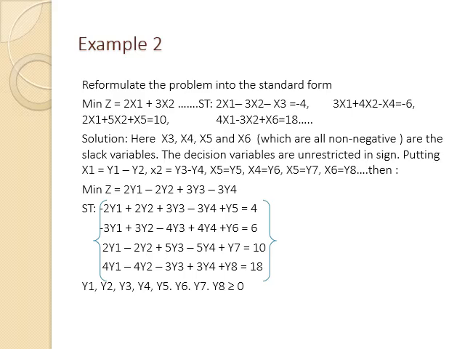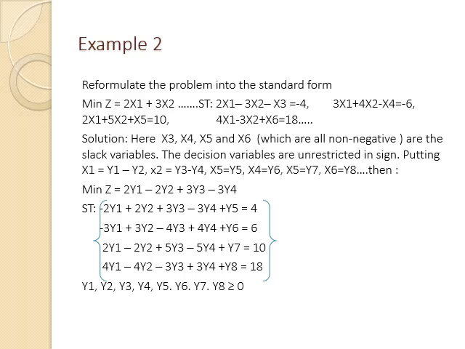Just follow the givens, putting x1 equal y1 minus y2, x2 equal y3 minus y4, x3 equal y5, x4 equal y6, x5 equal y7, and x6 equal y8. So we are going to substitute, and we will get the whole set of constraints.